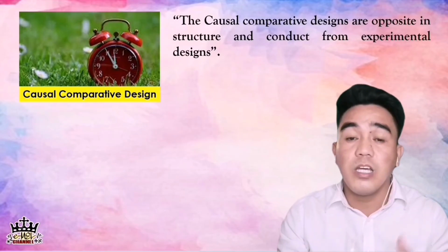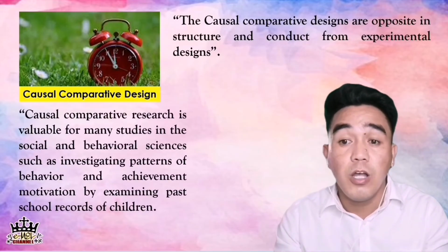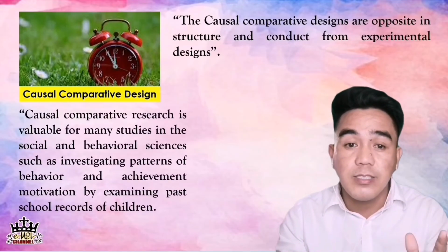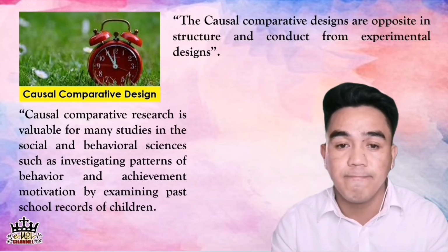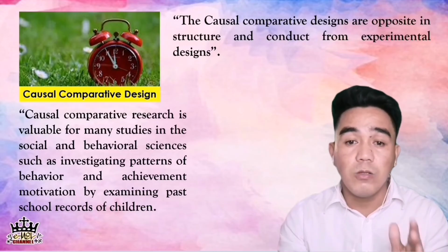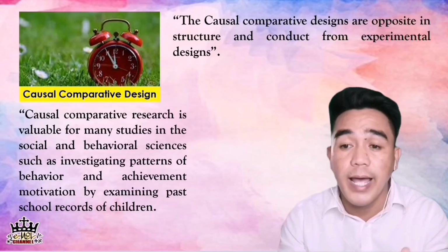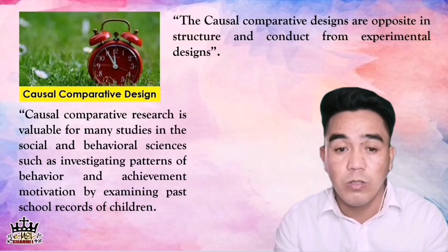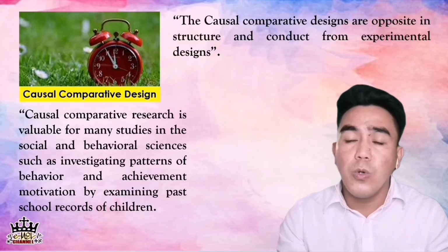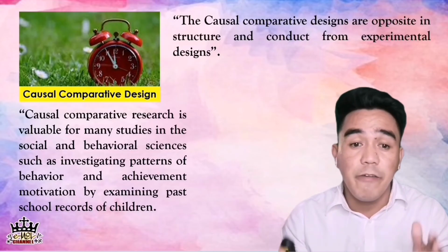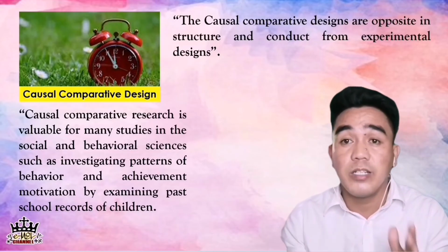In contrast, in causal comparative studies, researchers observe effects, then look retrospectively for the causes. That is why causal comparisons are also known as ex post facto, meaning after the fact. In this case, you are going to start with the effects to enumerate its causes.